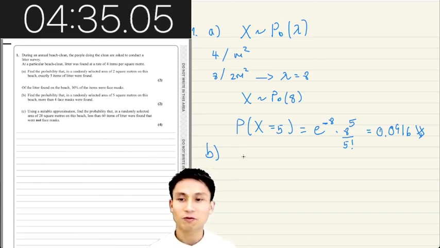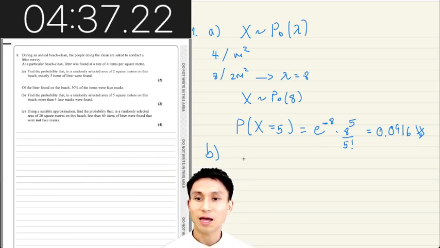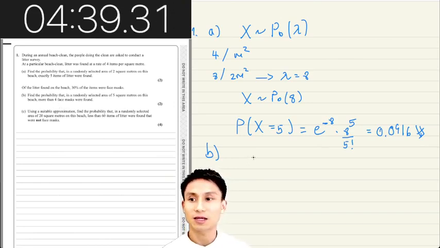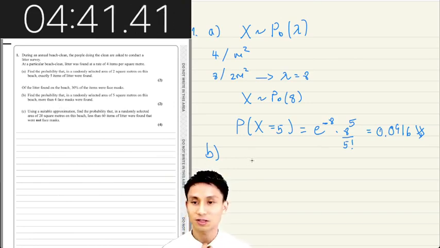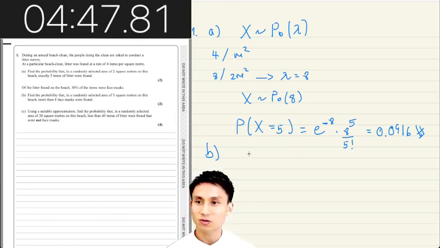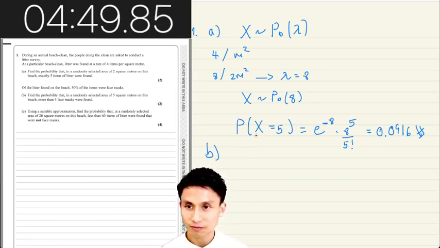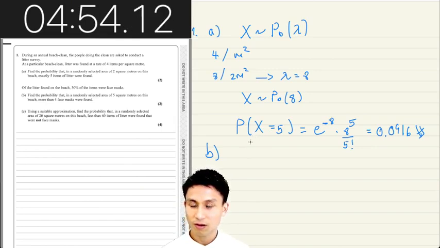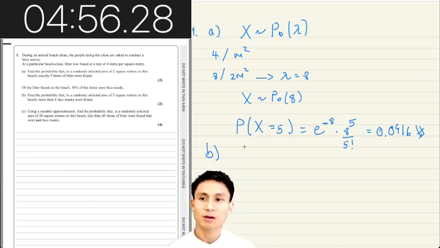So more than 4 face masks, that means we're going to have to take the litter found. So in the litter found, hang on, let me think a bit about that, okay? This is a little confusing. Okay, hang on.